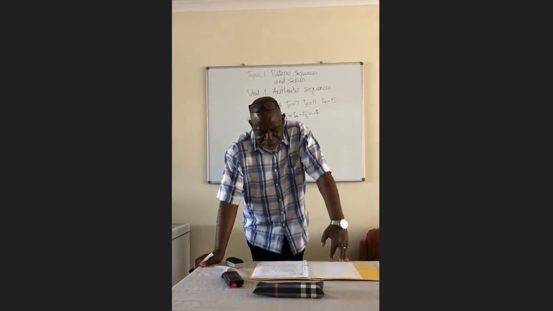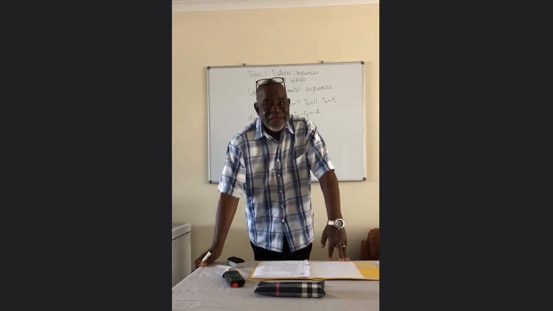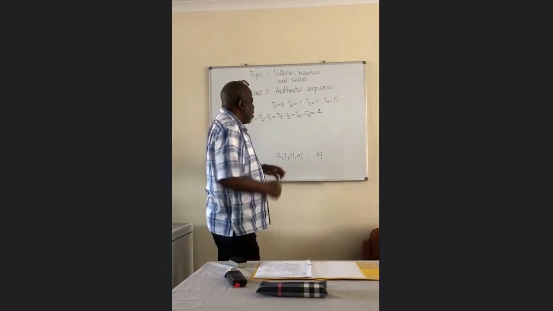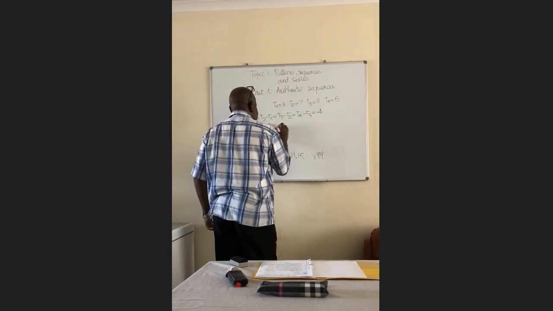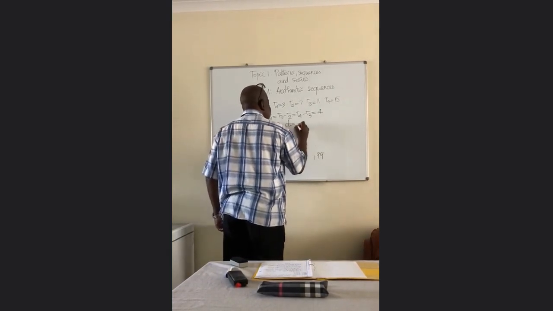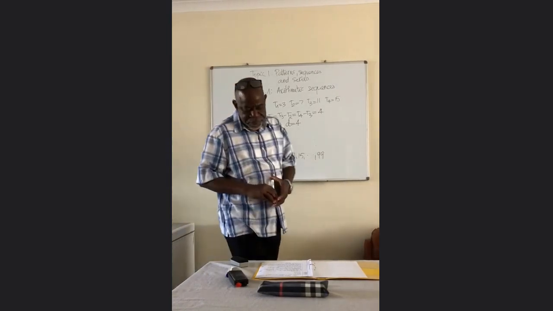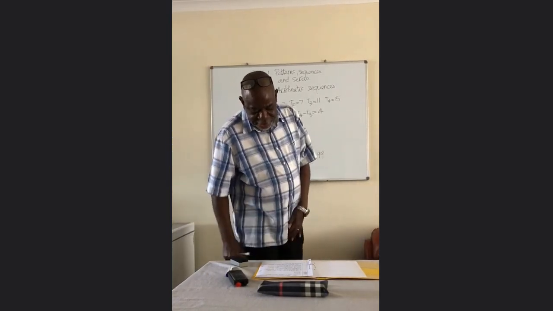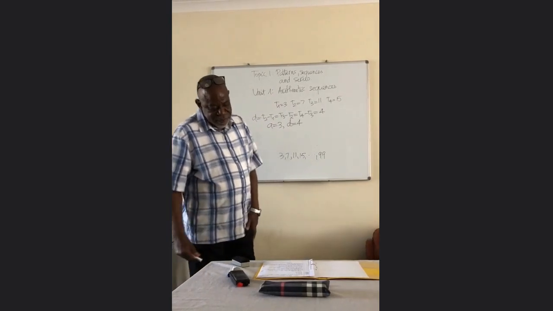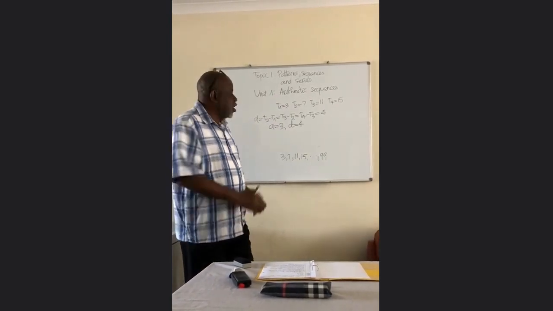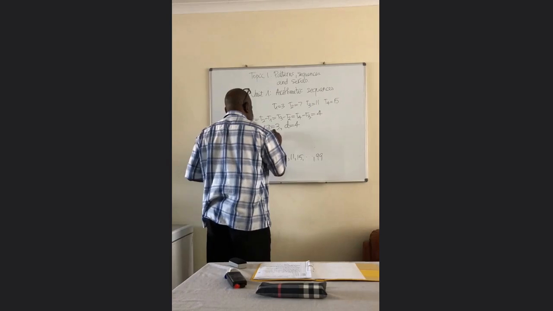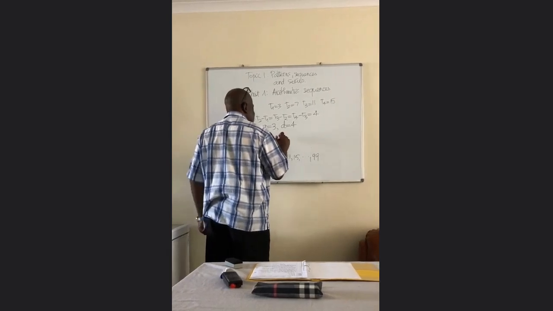The first term is given by a is equal to 3. So our first term is 3, and our constant difference will be equal to 4. If now we want to write our general term, the formula for the general term is given as we have learned previously.